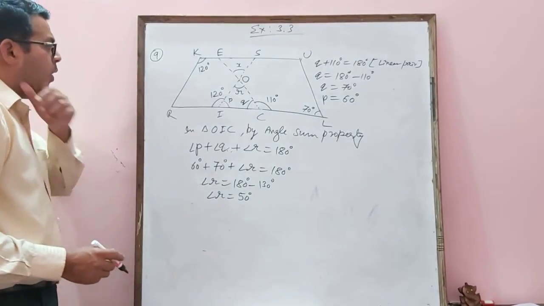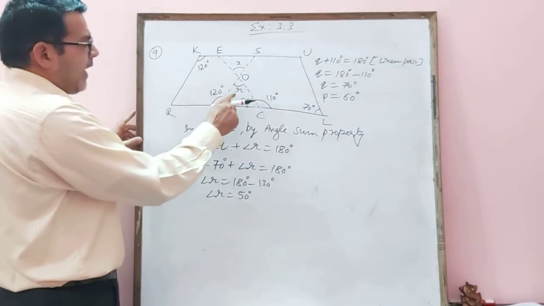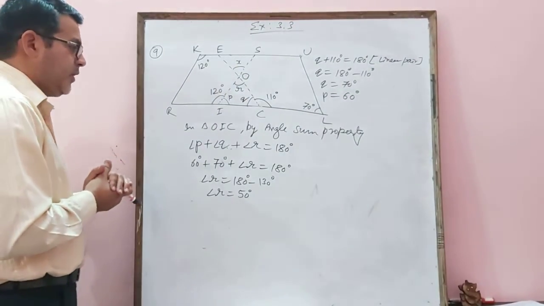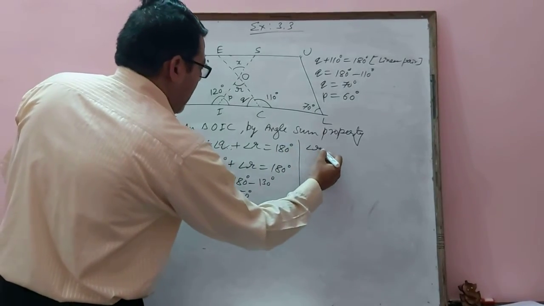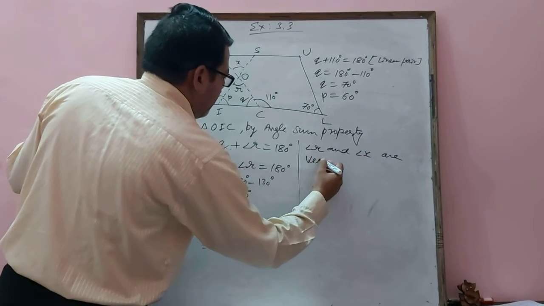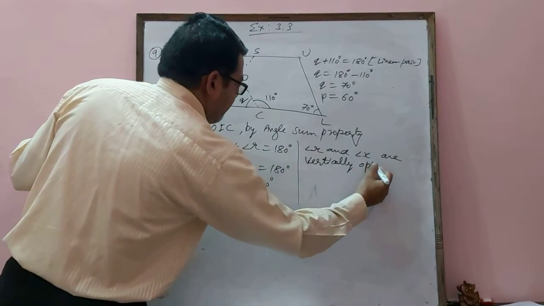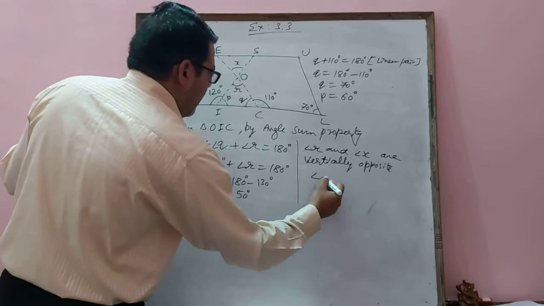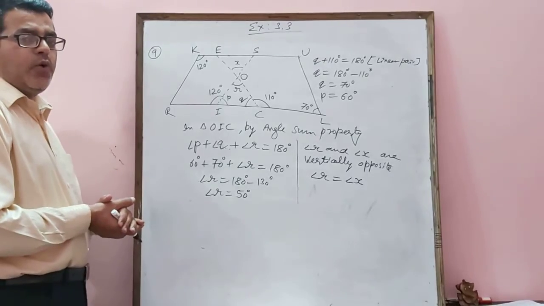Right? Now all three angles we have calculated in this triangle. Now you can see this angle R and angle X. These two are vertically opposite angles. So I am writing here angle R and angle X are vertically opposite angles. So angle R equals angle X, and we know that vertically opposite angles are always same.